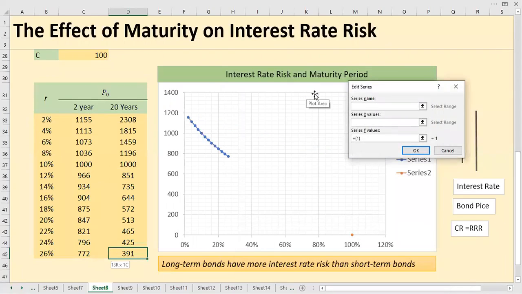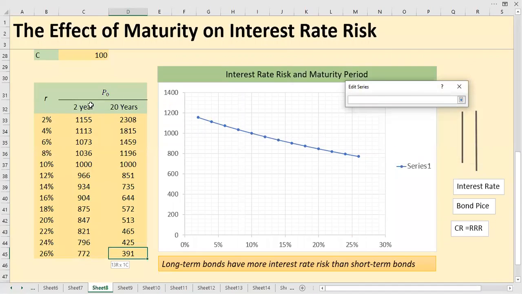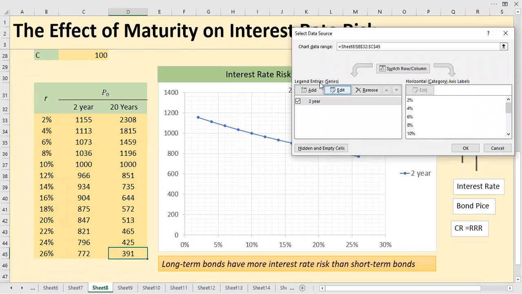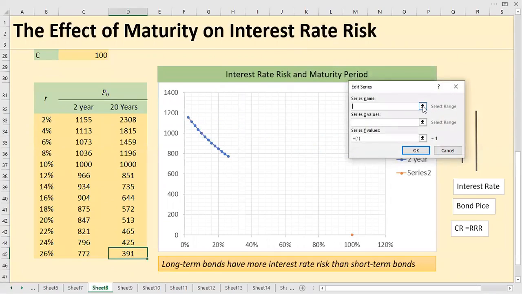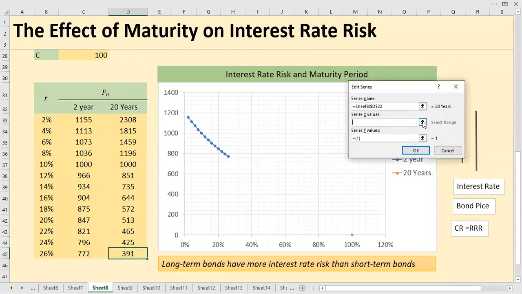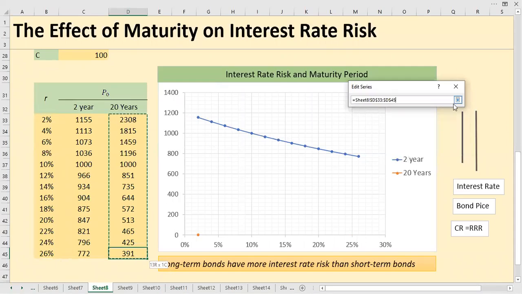Again, now I'm going to add a second line for the 20-year bond. Let me edit this and add this value also. The first one is the 2-year bond. And at the second value, the name is 20 years, the x-axis is always the required rate of return, and the y-axis is equal to the prices.